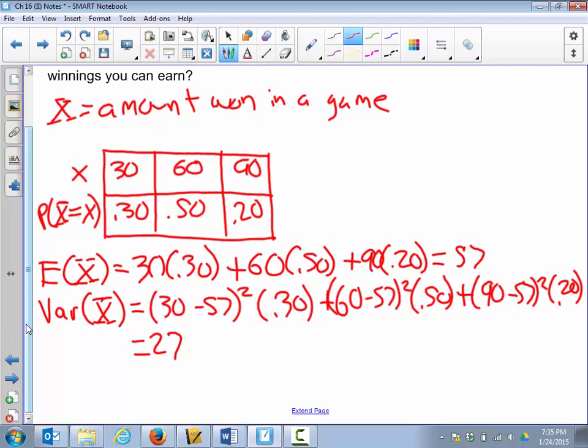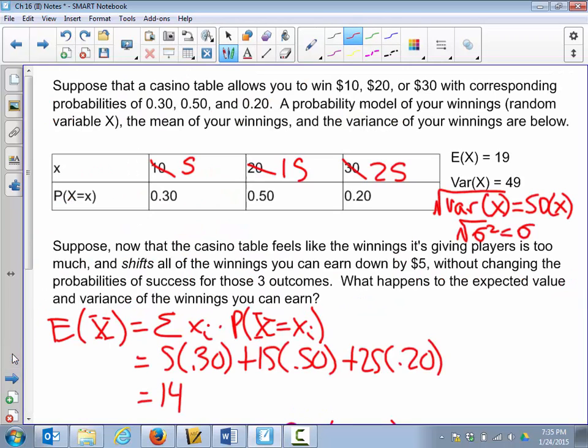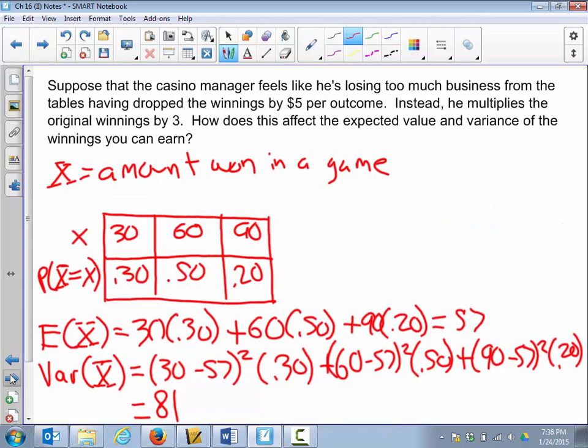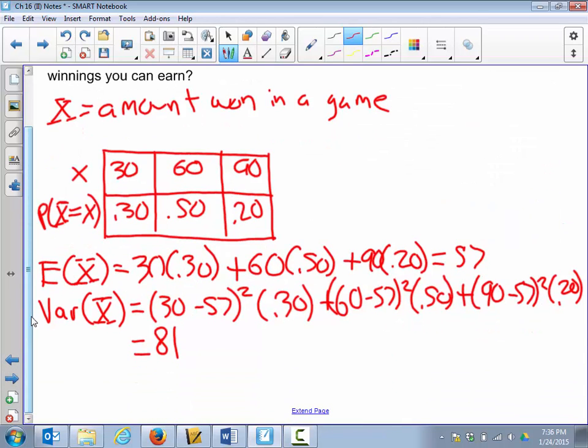So I see a variance of 27, where, oh, excuse me, no I don't. That would be the standard deviation. Variance here is 81, okay. That's not right.